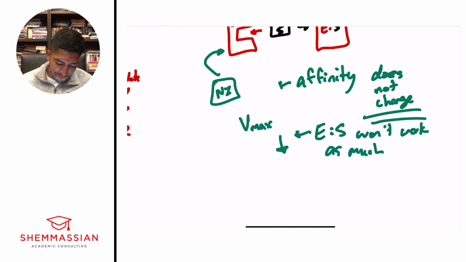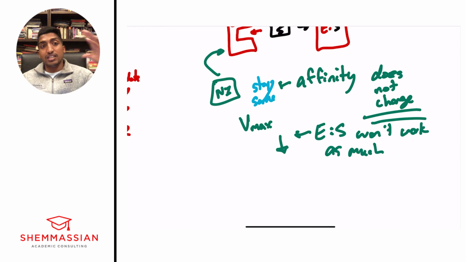So the affinity is going to stay the same. What's going to change is the ability of this enzyme substrate complex to pursue the reaction forward, because this non-competitive inhibitor is binding to the site and inactivating this.